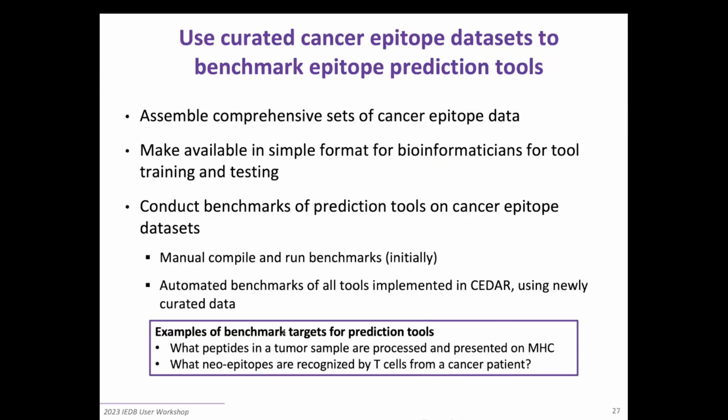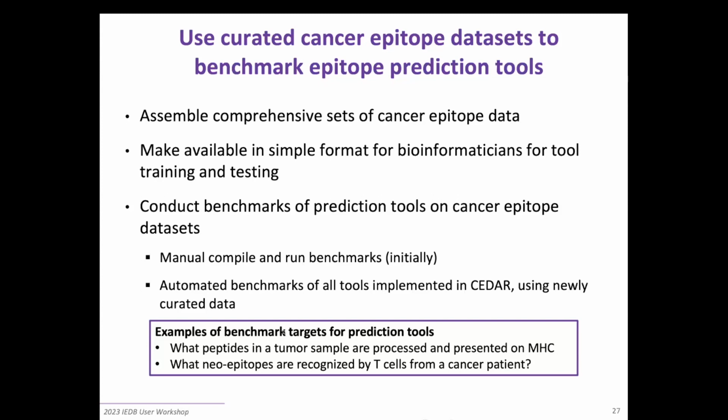This is also something we are actively working on: to use the curated cancer epitope datasets to perform benchmarks for prediction tools. We have our epitope data from CEDAR, and anyone who worked with IEDB or CEDAR before knows that we have a lot of details in there. And bioinformaticians oftentimes do not have the biological background to understand all the experimental details and how they might need to filter the data to make it usable for their application.